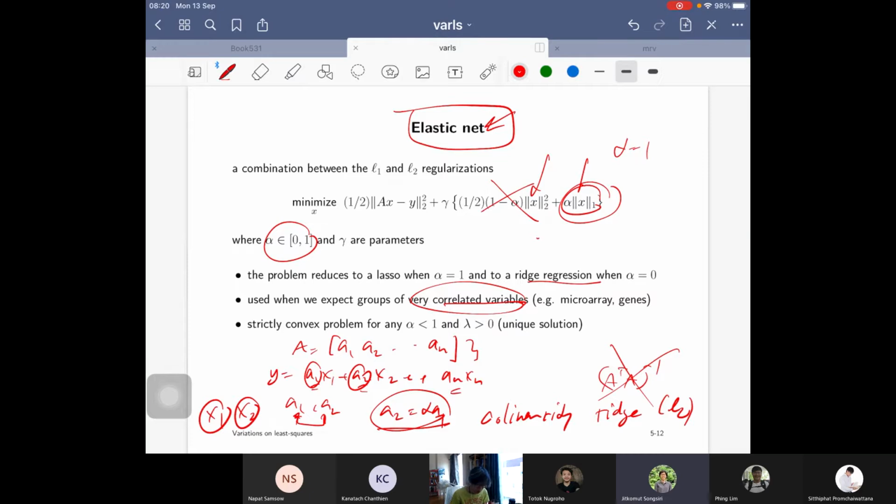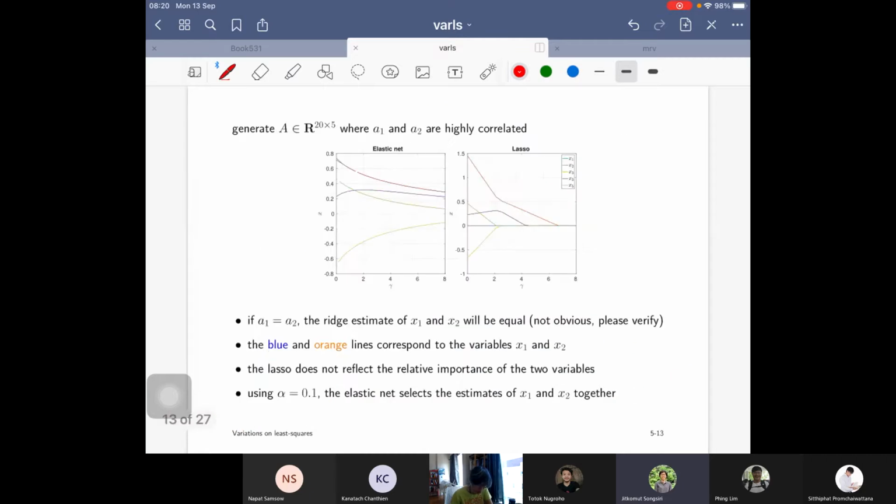This is still a strictly convex problem for alpha less than 1, and it will give you a unique solution.